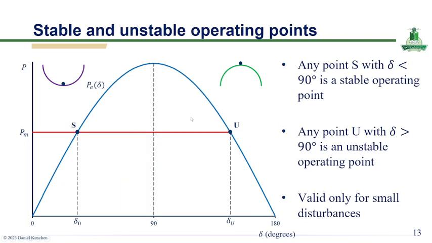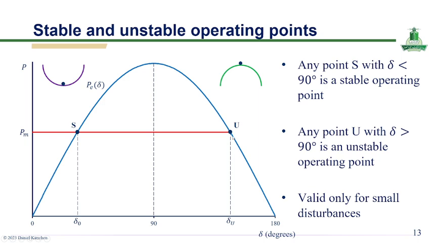Okay, this slide summarizes the stability characteristics of operating points on the power angle curve. Any operating point S with delta less than 90 degrees lies on the rising portion of PE and is stable because small deviations produce restoring forces that bring the system back to equilibrium.